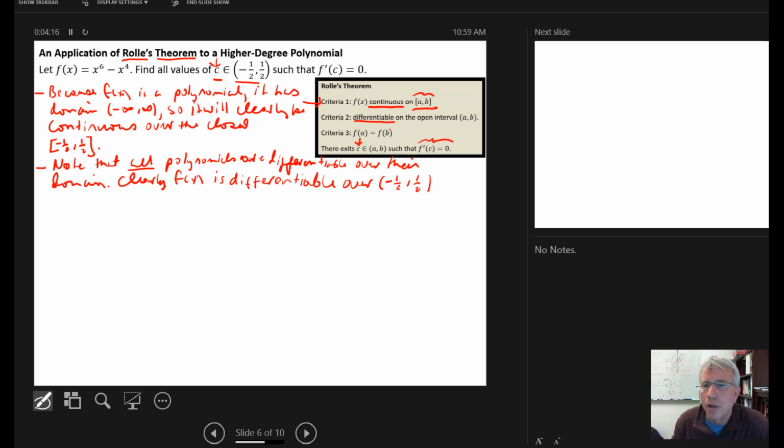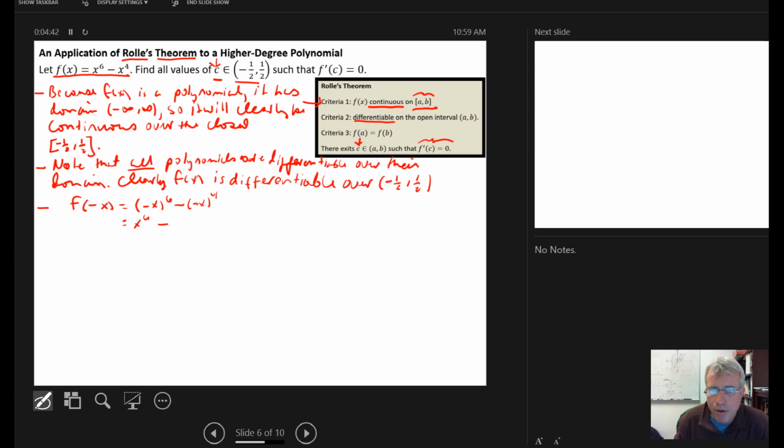Criteria 3, we need to show that f of -1/2 equals f of 1/2. But here what we want to recognize is f of x is an even function, right? So from pre-calculus, if we plug in the opposite of x into a function, and we wind up, hey, this is the 6th power, it's going to kill the negative.